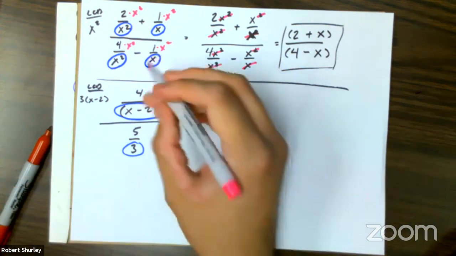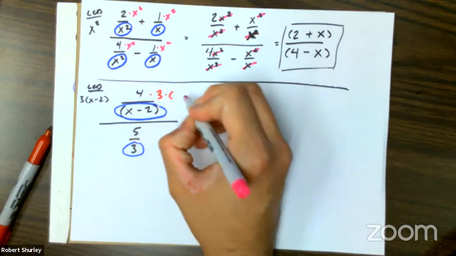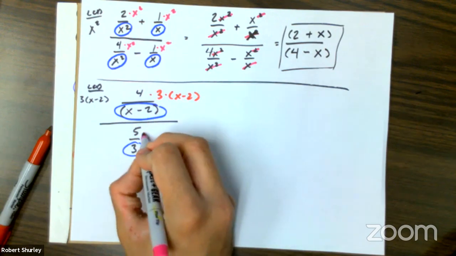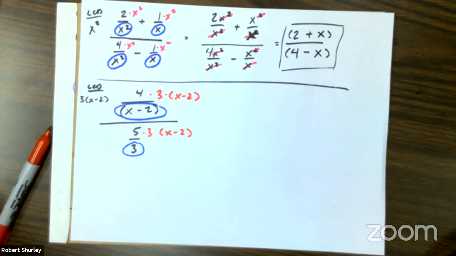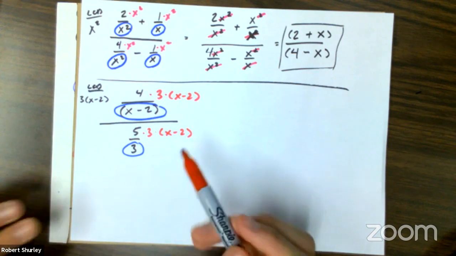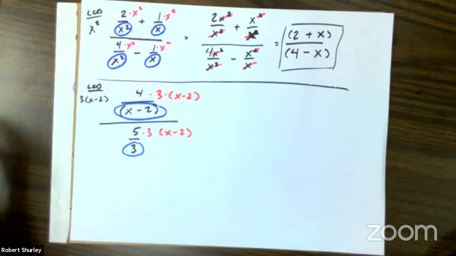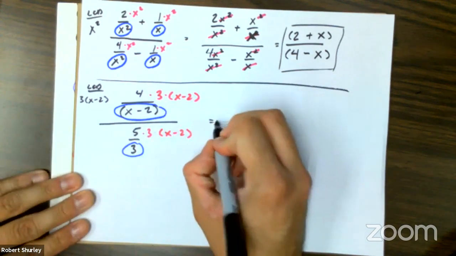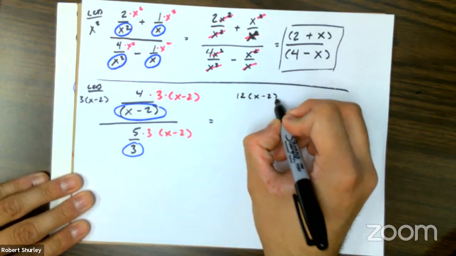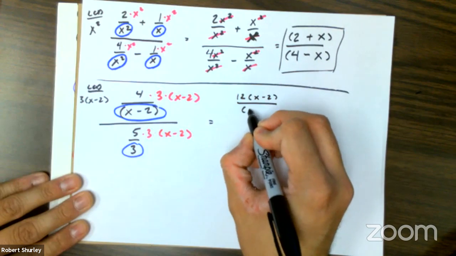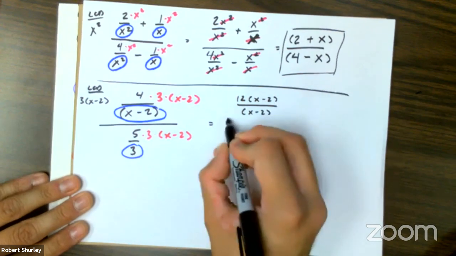And then I'm going to multiply that on top and bottom. Okay? And then I'm going to cancel these out. Well, actually, let's just multiply them first. So 4 times 3 is 12. I'm not going to distribute here, x minus 2 over x minus 2. You see how that's going to cancel.